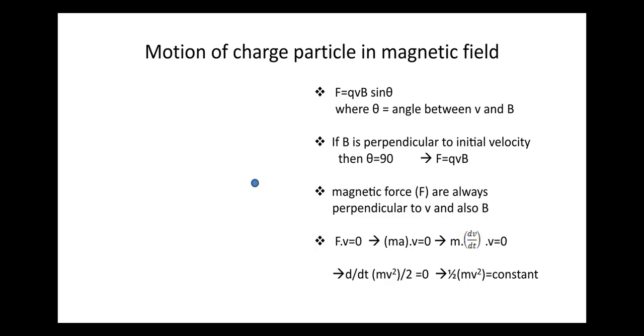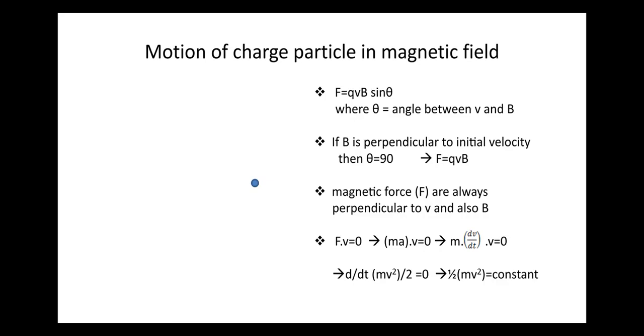As force is always perpendicular to the velocity, their dot product is zero, so F dot v equals 0. Force is mass into acceleration, so m a dot v equals 0. Acceleration is the rate of change of velocity, so m dv/dt into v equals 0. Simplifying, we get d/dt of (mv squared by 2) equals 0.